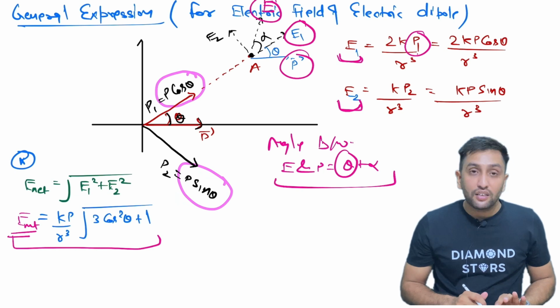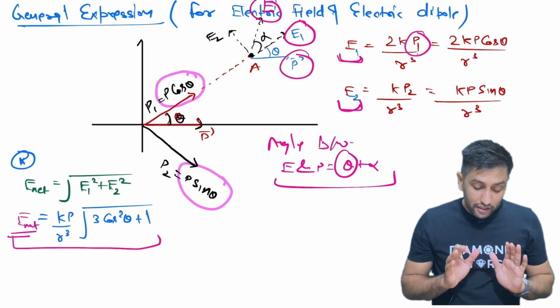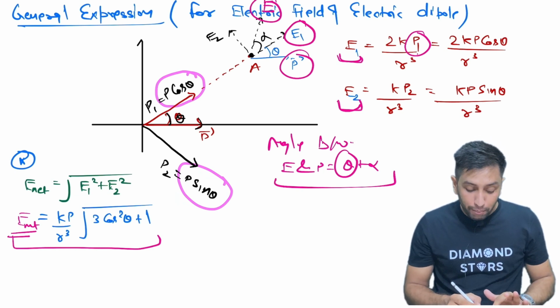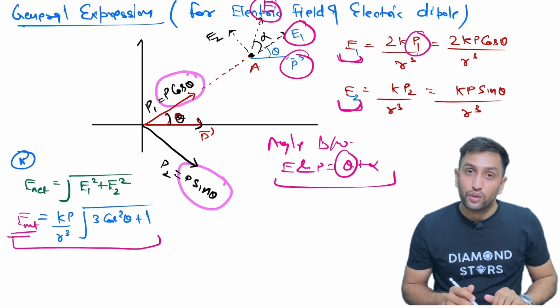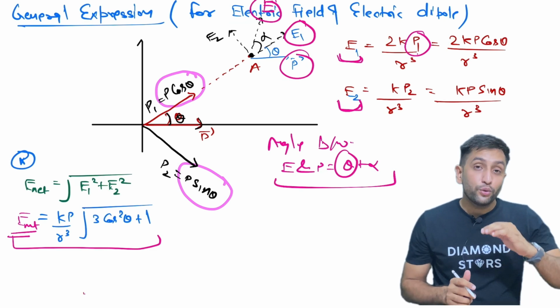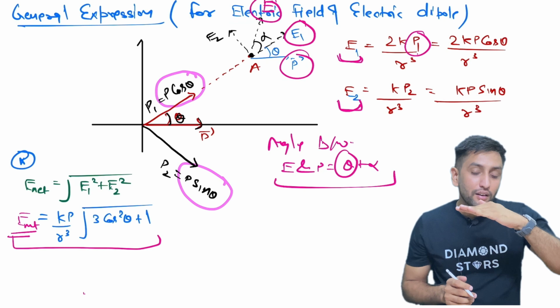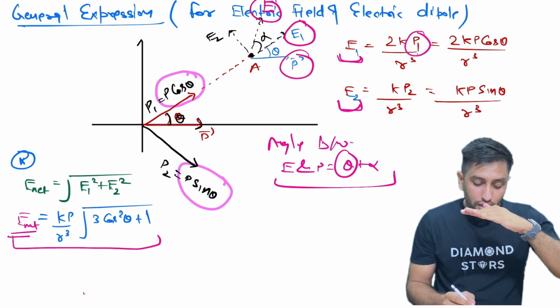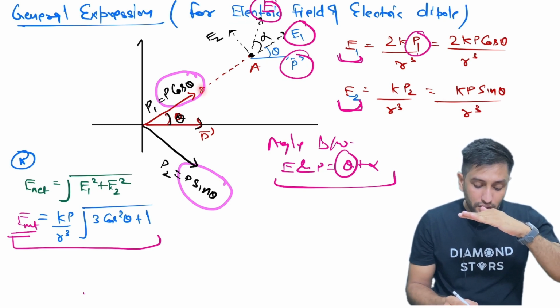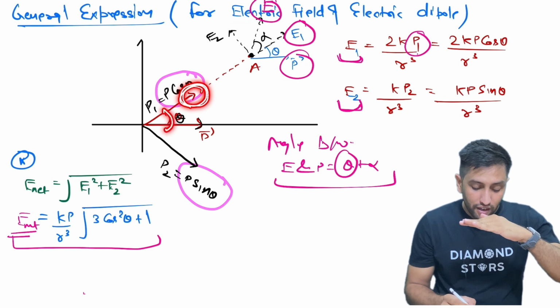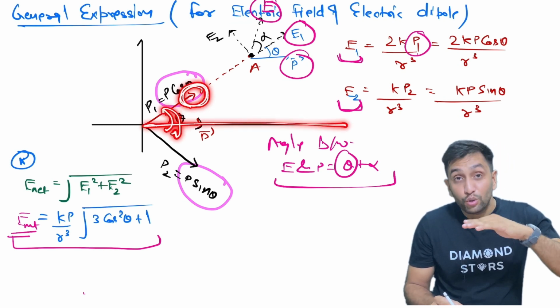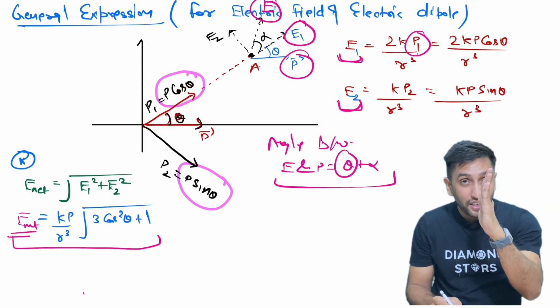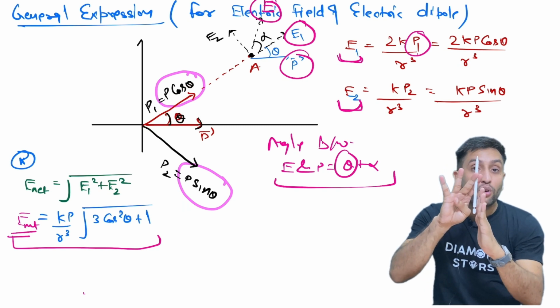That is E net resultant at the general point. At the general point, it is coming out as Kp by R cube root of 3 cos square theta plus 1. If you are taking the axial point, what is the angle? Please see, if theta is 0, that means you are on the axial line, and if theta is 90 degree, it means you are at the equatorial point.